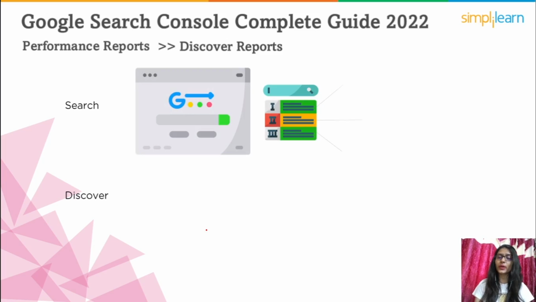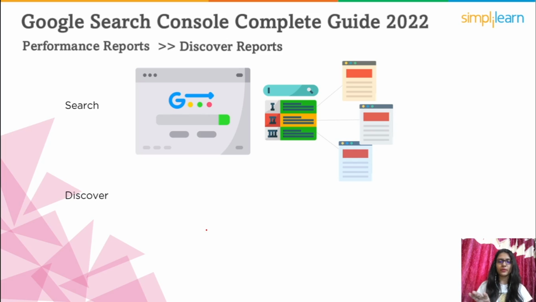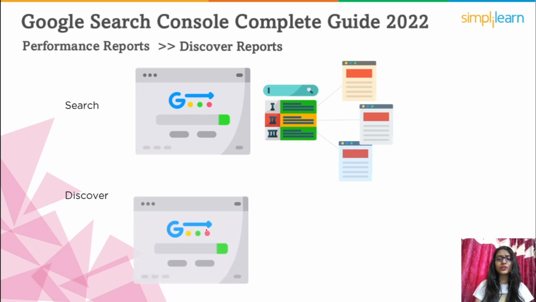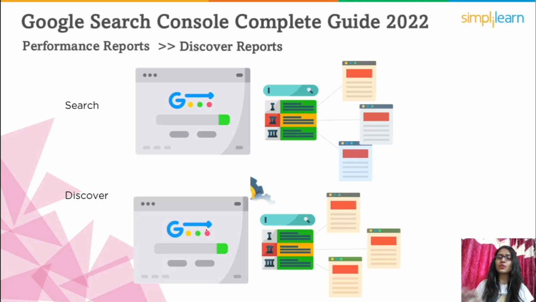Users enter a query to find required information with Search, whereas Discover shows content based on what result will be best matched for you as per Google's automated system. Now coming to the Discover Performance Report, as per Google's guidelines, Discover Performance Reports are visible only if your website has a minimum threshold of impressions in Discover.